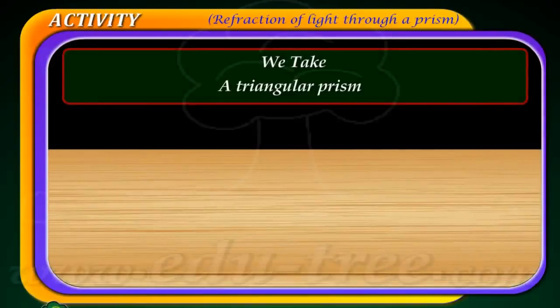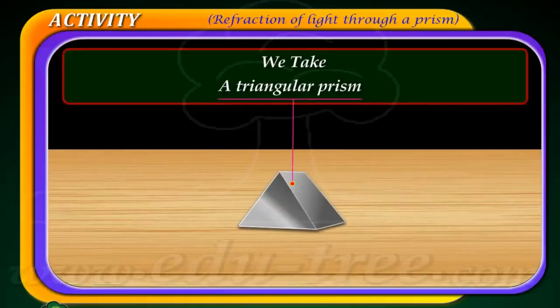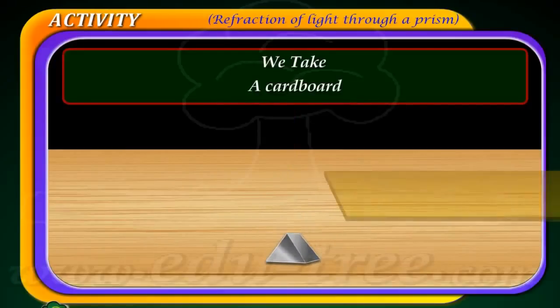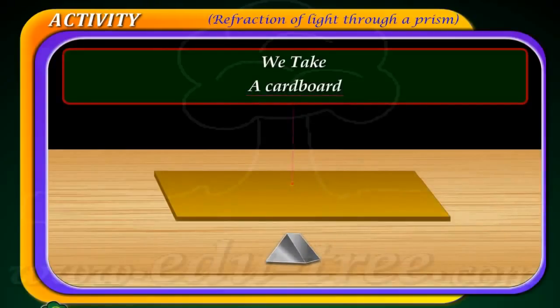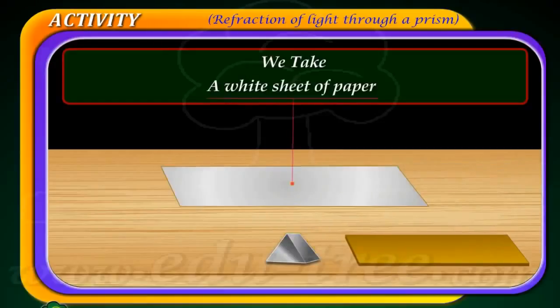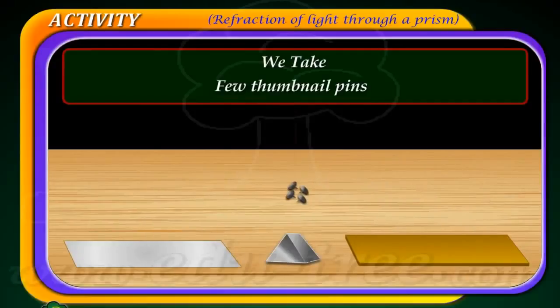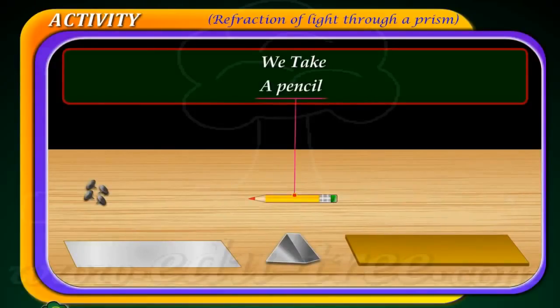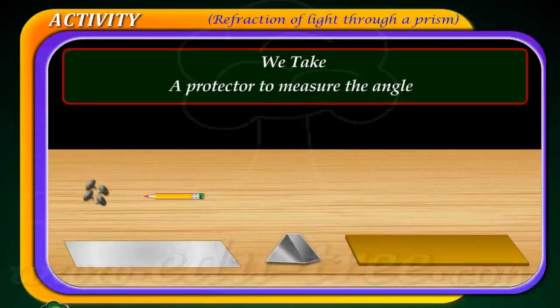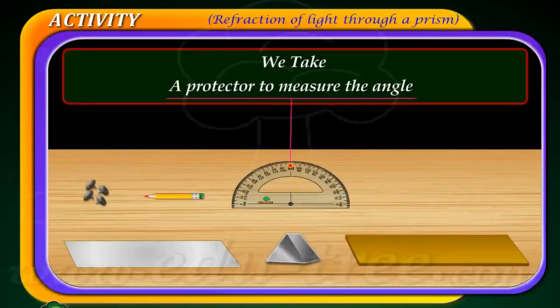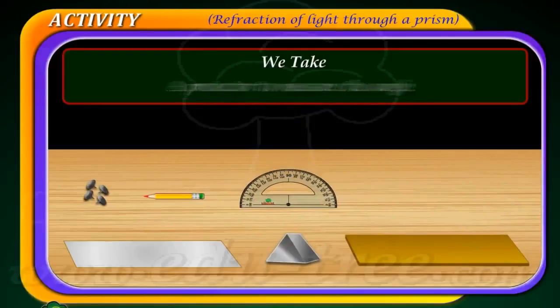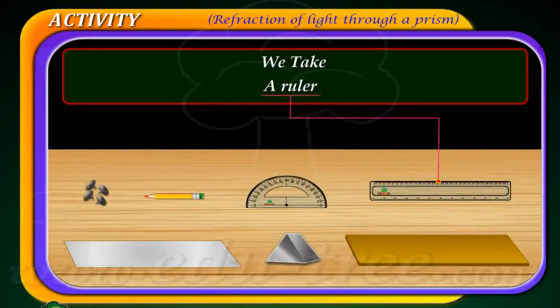We take a triangular prism, a cardboard, a white sheet of paper, a few thumbtack pins, a pencil, a protractor to measure the angle, a ruler.